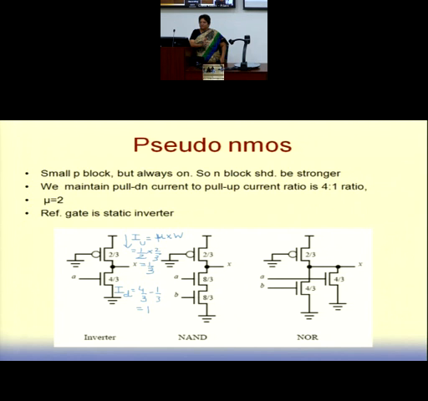It is not 2:1. I am taking 2:1 in terms of pull-up to pull-down. So in the static CMOS, pull-up has a larger W. Whereas in the case of a pseudo NMOS, because we have to make pull-down stronger, we give it a larger W. So it becomes actually 1:4. Pull-down has a larger W in comparison to pull-up. I am taking 1:4.